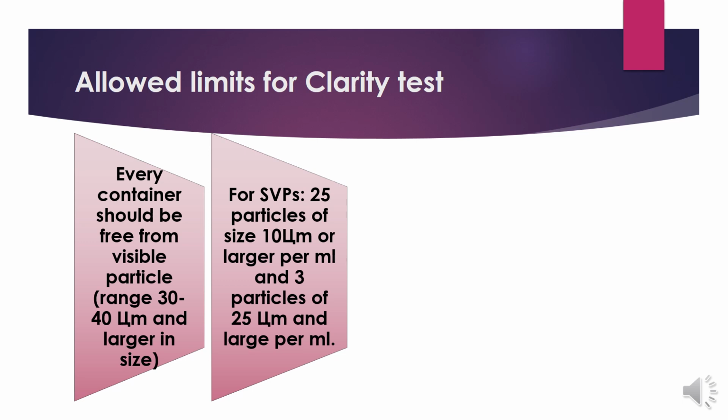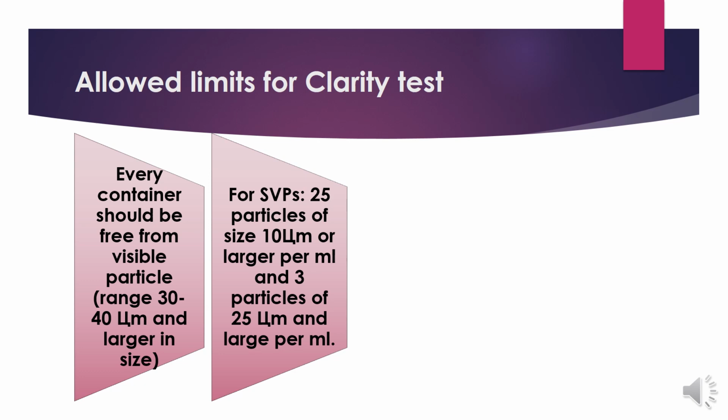For small volume parenterals, 10 micrometer or larger, they are allowed 25 per ml, and 3 particles of 25 micrometer and larger per ml are allowed. Means 25 micrometer but less than 30 micrometer are allowed.